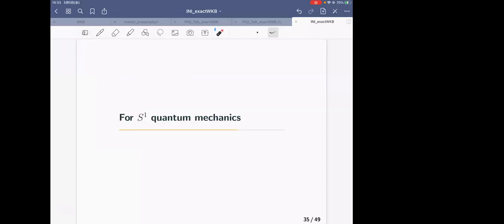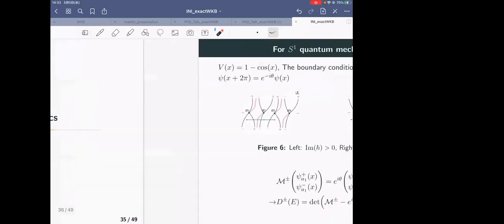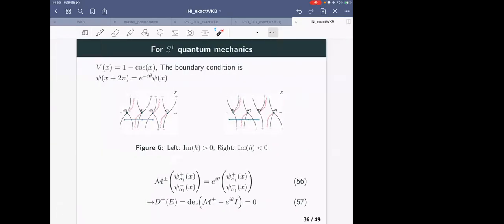So far we considered the ordinary Schrödinger equation, but from here we consider S1 quantum mechanics, I mean, the wave function defined on a circle. For example, when we consider such a Mathieu equation, the boundary condition is given by this one. This theta is the Bloch angle. This condition is actually expressed like this, because here is x and here is x plus 2π.